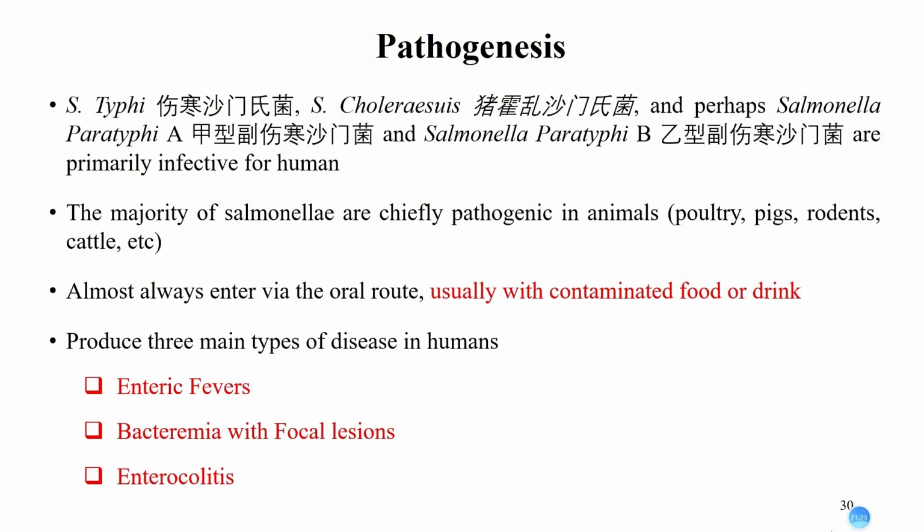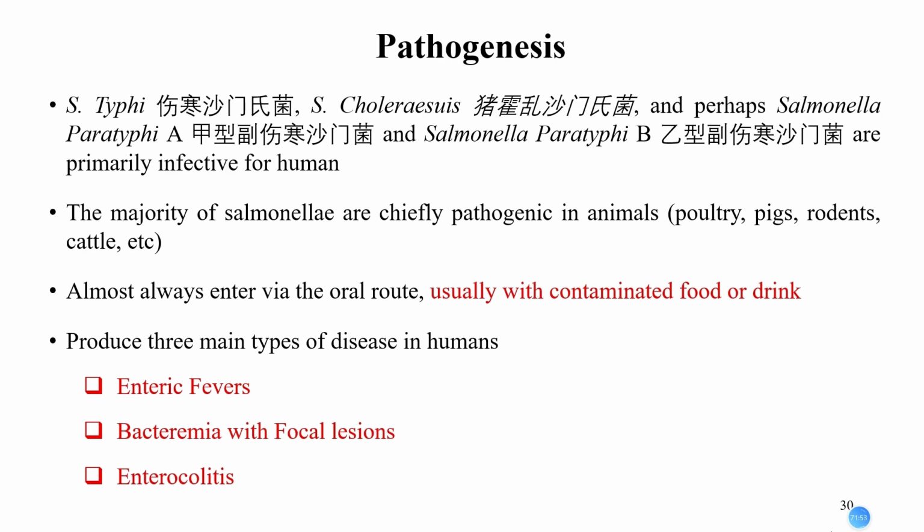And Salmonella can get into our body always through the oral route, usually with contaminated food or water. So if you want to avoid any Salmonella infection, you want to drink clean water, and also you cook your food thoroughly to make sure that Salmonella in it is completely killed.